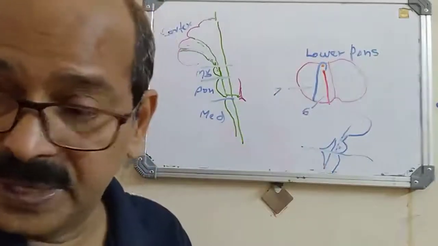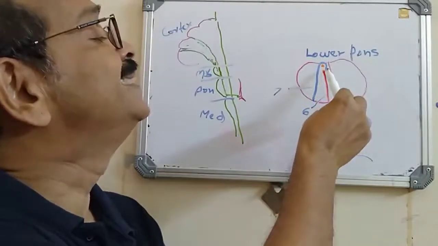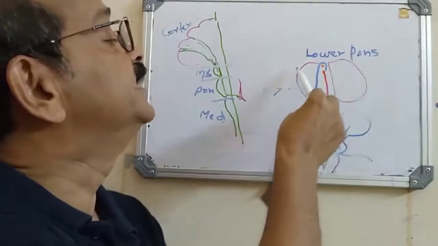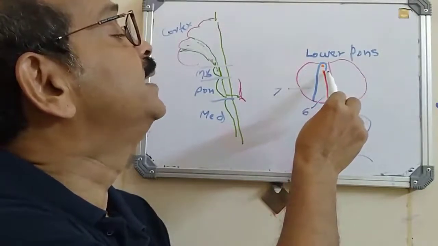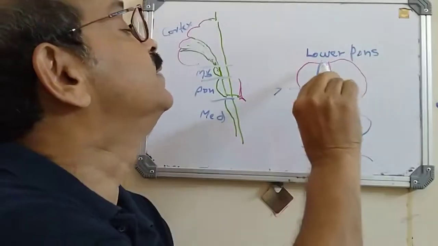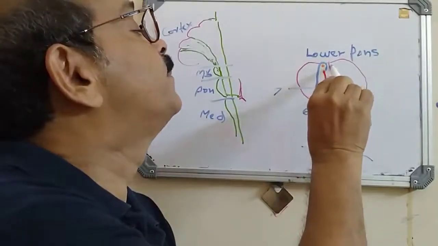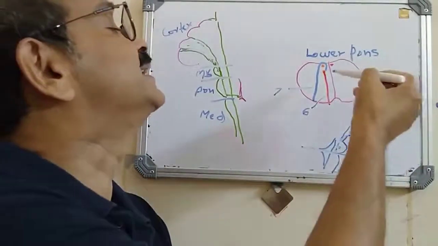See, the facial nerve originates, where is the facial nerve originating? In the lowermost part of the pons, very near the midline, in the posterior part. This is the sixth nerve. The sixth nerve has some very interesting features.